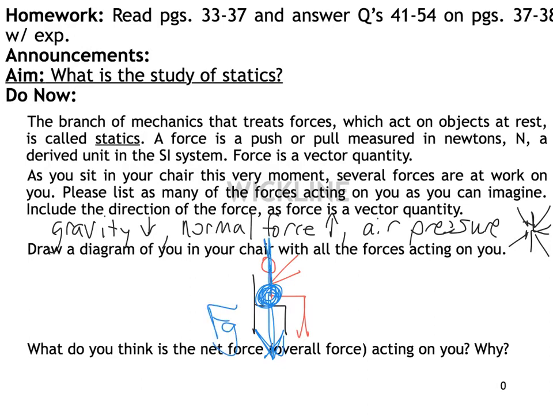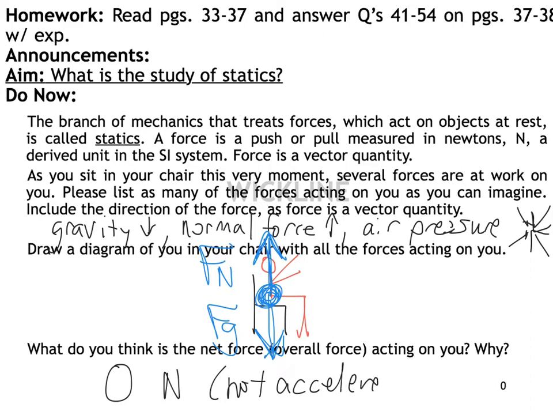And the one going up, which hopefully is equal and opposite, is going to be the normal force, which is Fn. So we have a normal force going up and a gravitational force going down. And the net force acting on you would have to be 0 newtons. And that's the evidence here is that you are not accelerating. So if you're sitting in your chair very peacefully right now, then you can rest assured that all the forces that are acting on you are balanced.